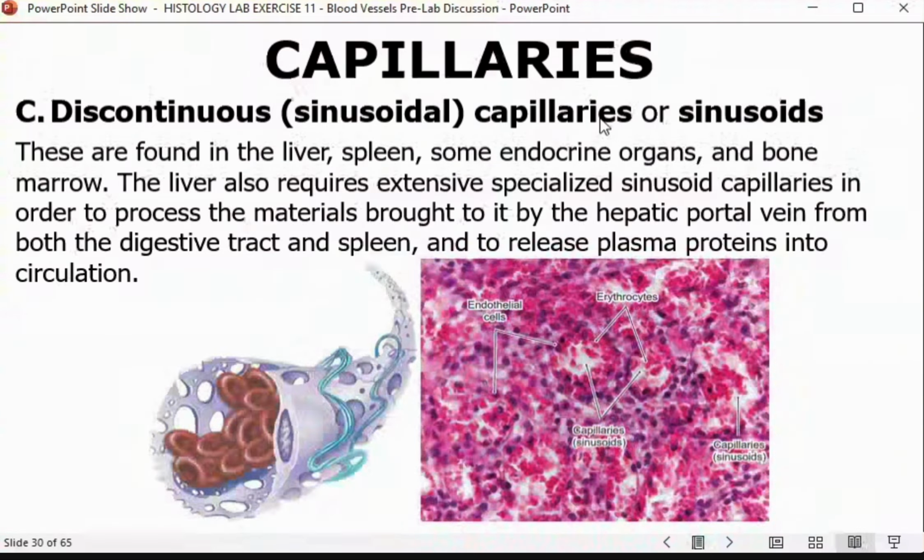So we can find these sinusoids in organs like your liver, your spleen, endocrine organs, and of course your bone marrow. So here in this slide, I believe this is a spleen. This is a spleen, and you can see erythrocytes exiting out of the capillaries.